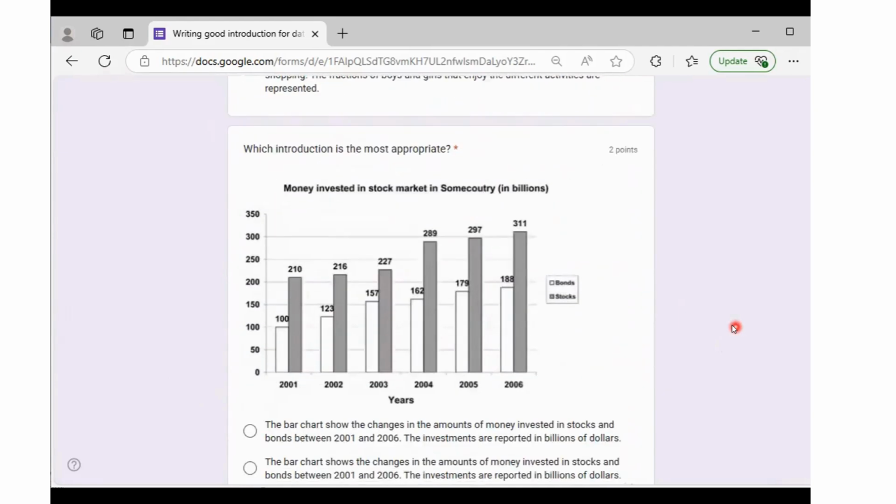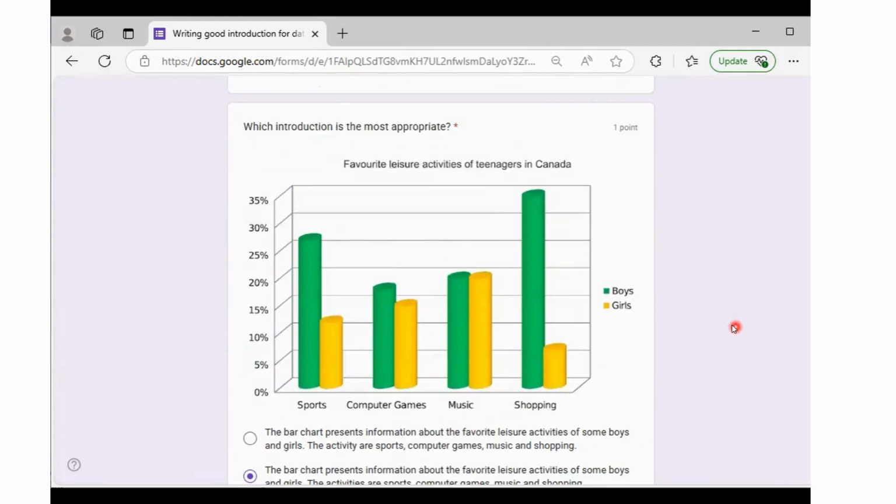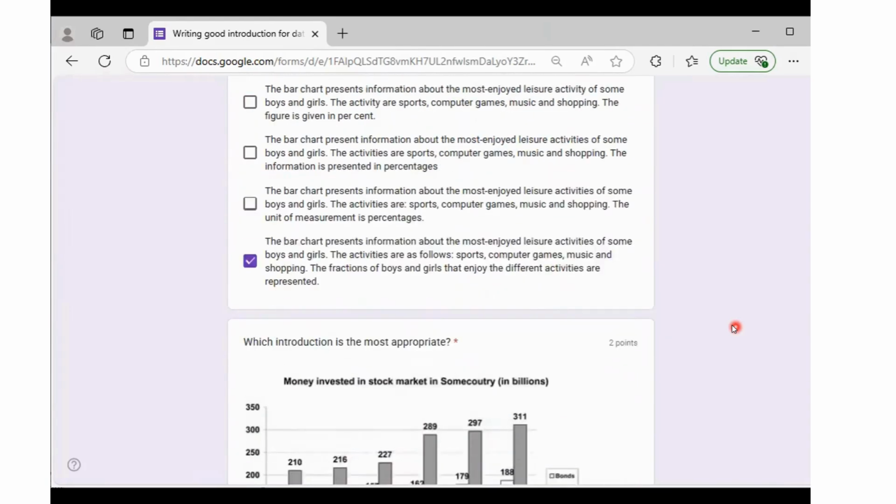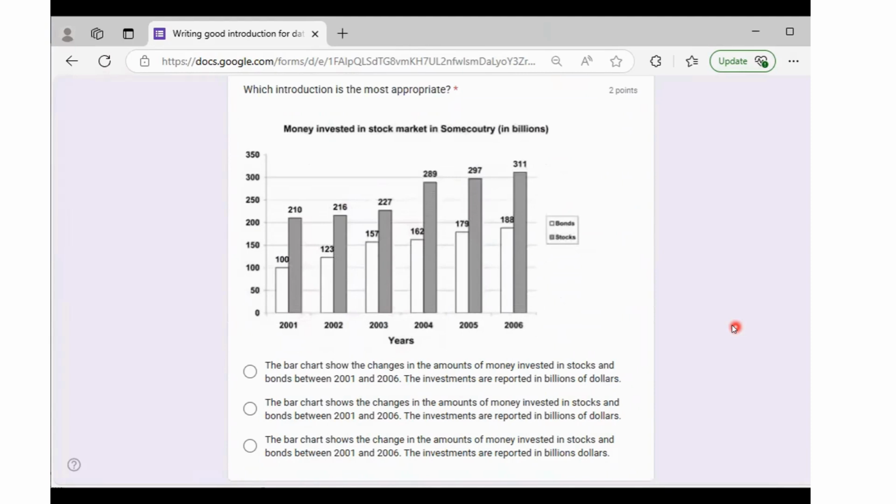Okay, let's look at the next one. So I think I've solved these ones. Next one now. Money invested in stock market in some country in billions. So we have bonds and stocks. Stocks is in color black, bonds is color white. So you can see that bonds is bigger than stocks all through. And we have from 2001 to 2006.